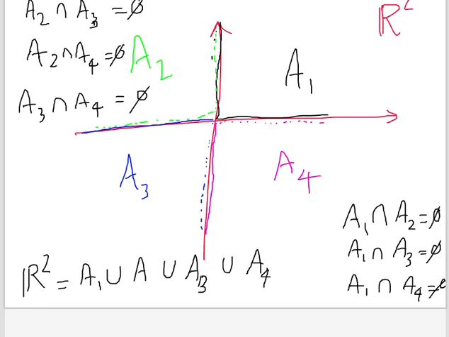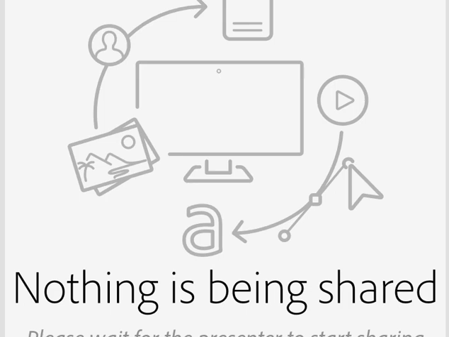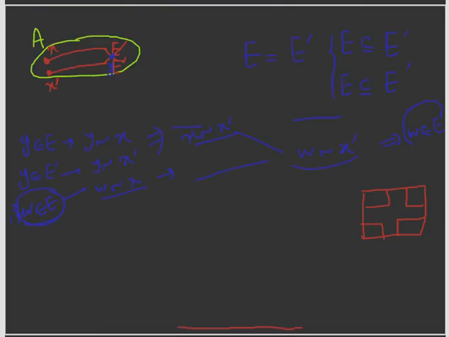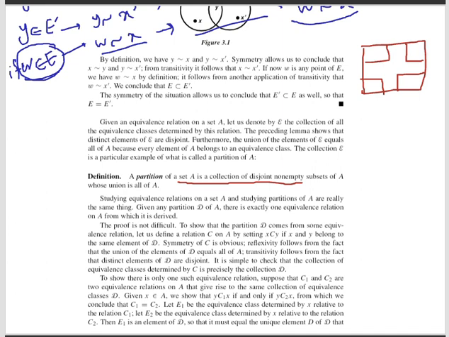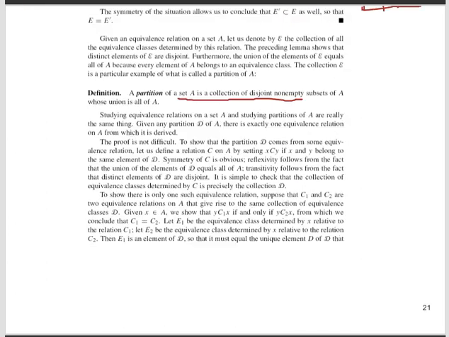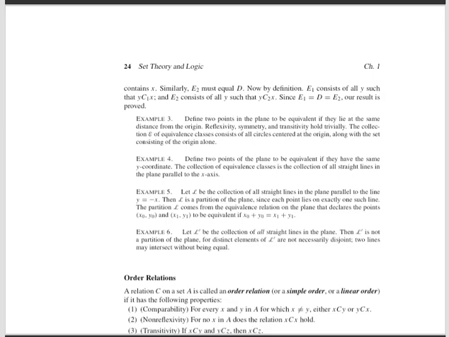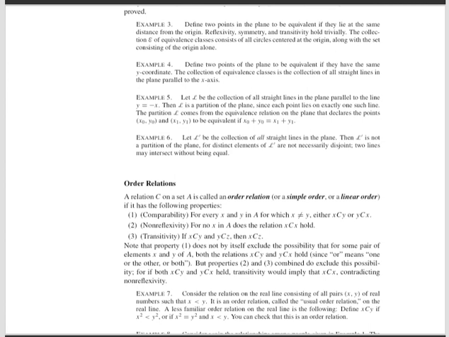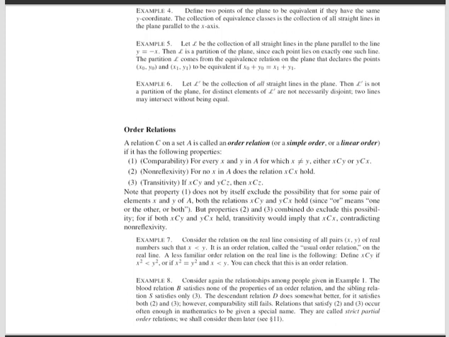I come back to the book. Okay. I explain. Okay. We have another relation, order relation. The order is important. Some books say linear order. Comparability.